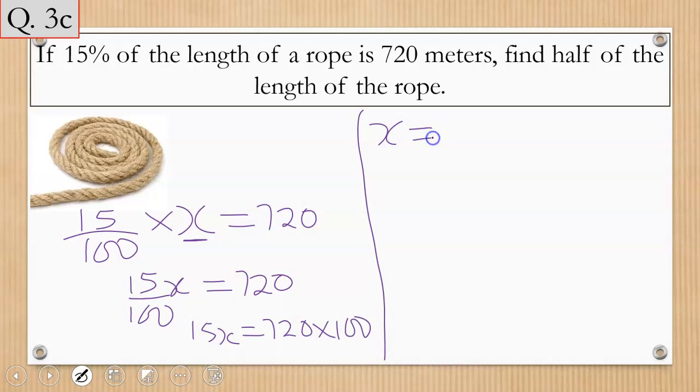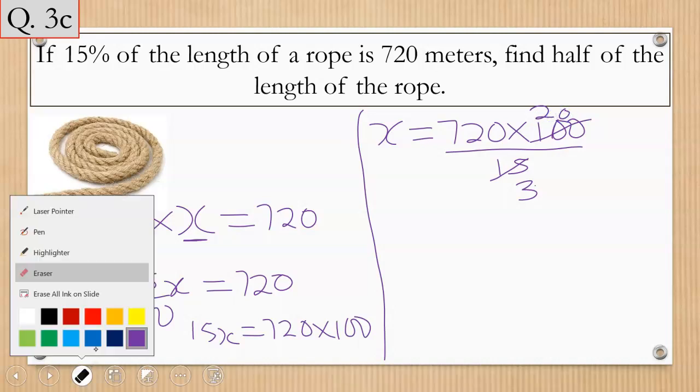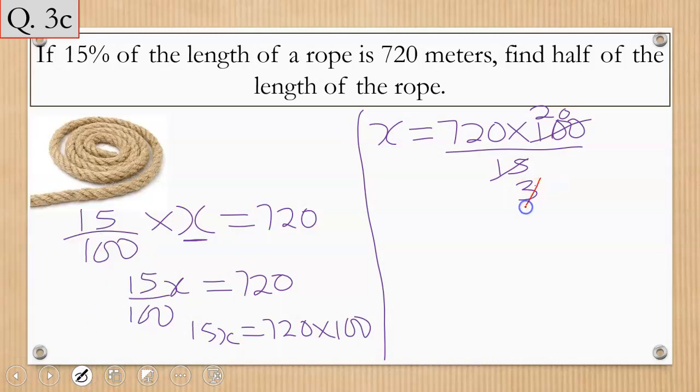So your x becomes 720 times 100, all divided by 15. Now you can take time and use simple numbers to divide this. 5 can divide 15 as 3 and 5 can divide 100 as 20. And 3 can also divide itself as 1 and divide 72 as 24. And so 24, then we attach our 0 to make it 240.